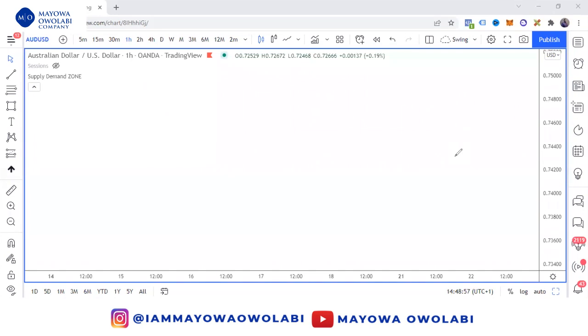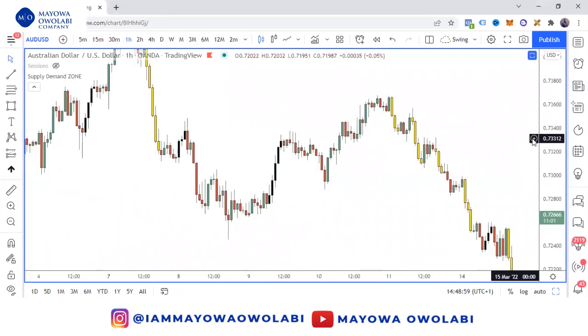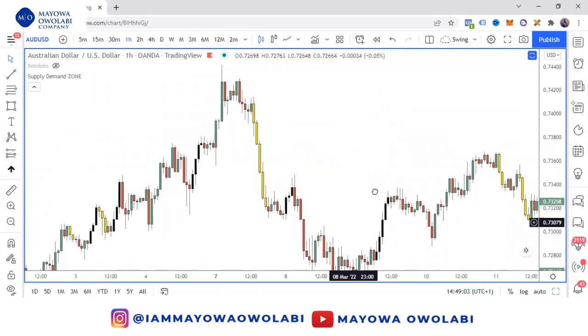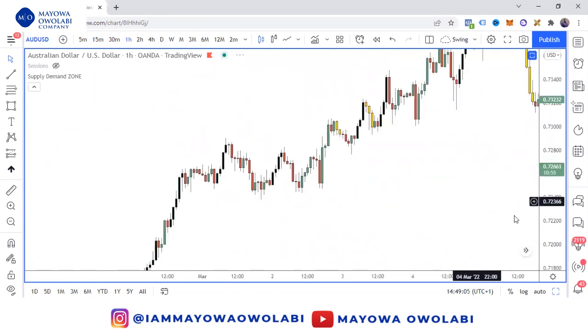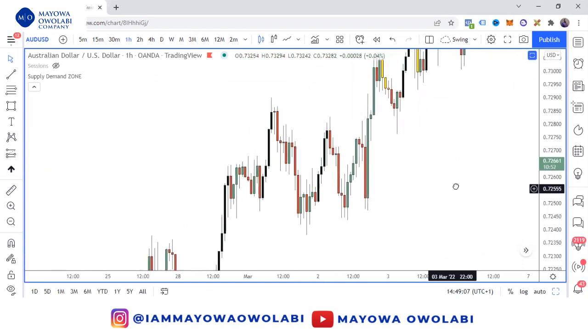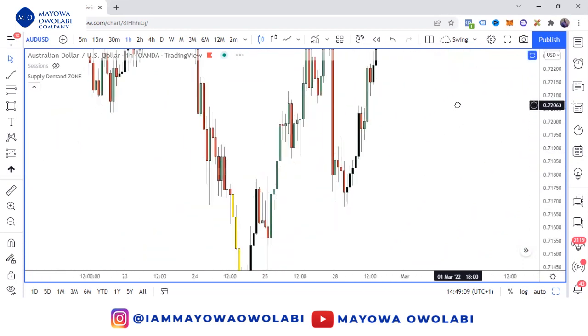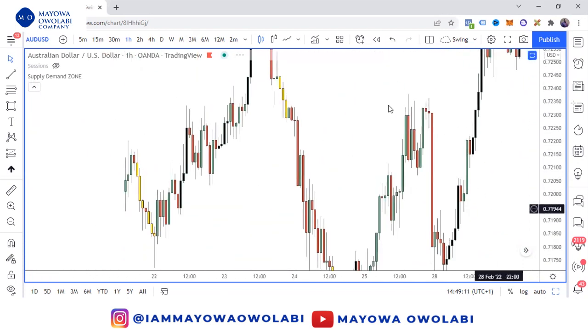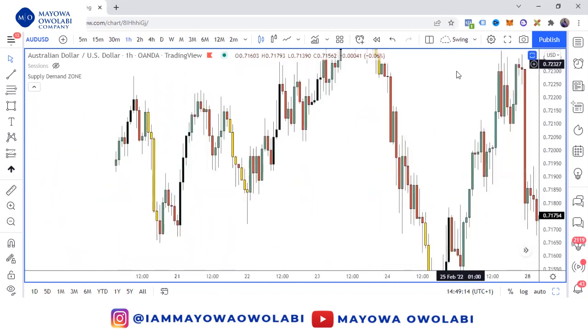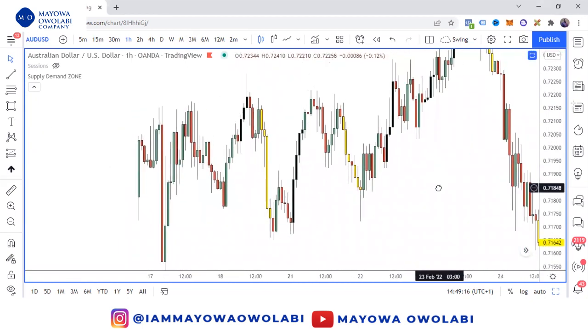So let's check for examples of this kind of entry. You can see it often on any chart. However, you also have to look for it so that you will not miss out on it.